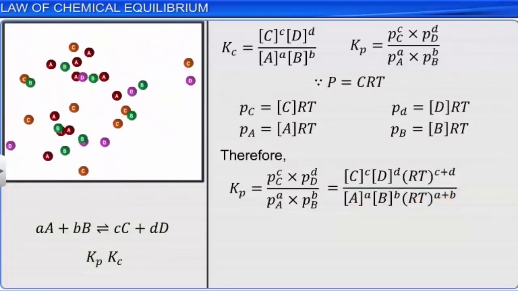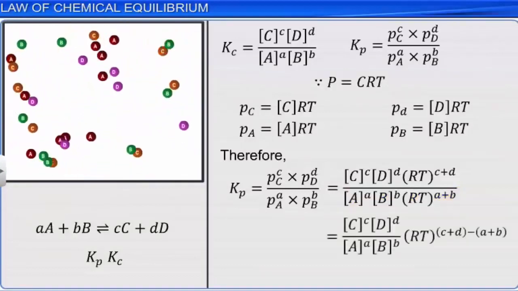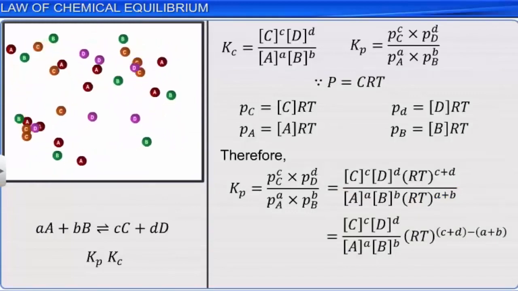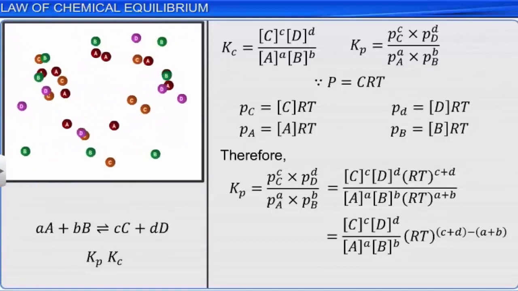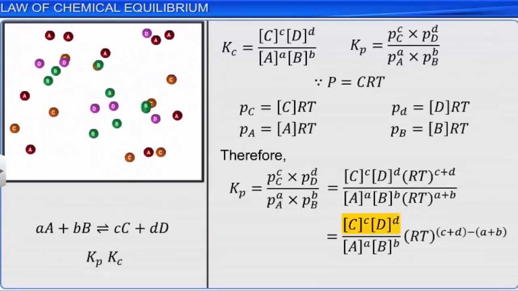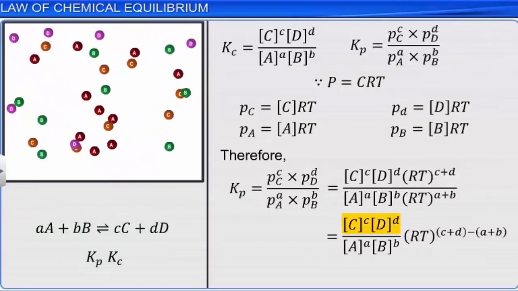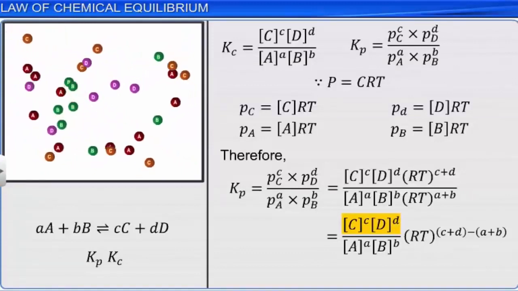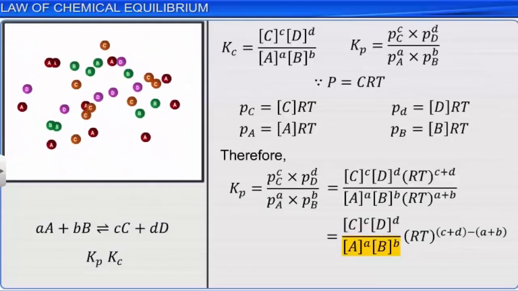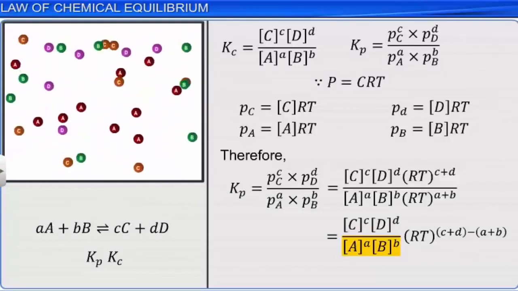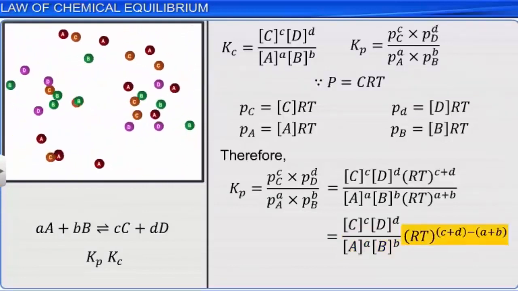This can be written as the product of the concentration of the products C raised to the power of c and D raised to the power of d divided by the product of the concentration of A raised to the power of a and B raised to the power of b multiplied by the product of R and T raised to the power of sum of c and d minus sum of a and b.